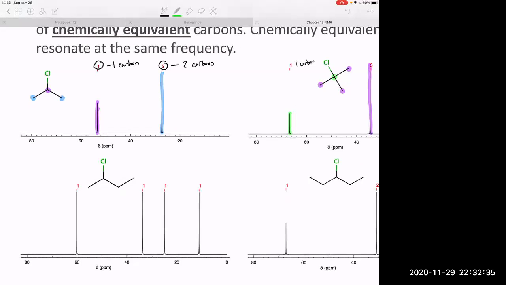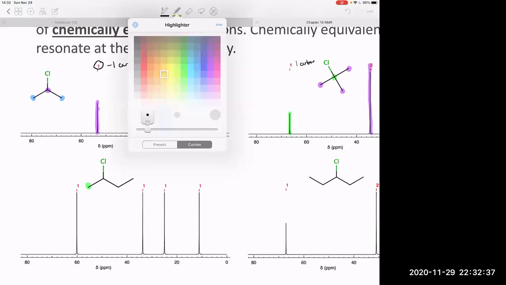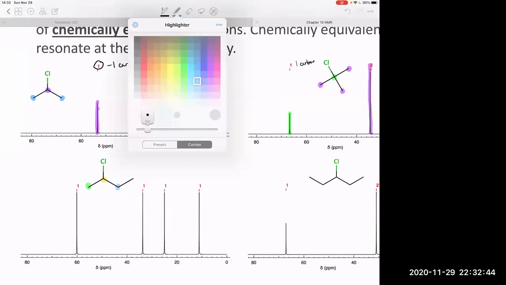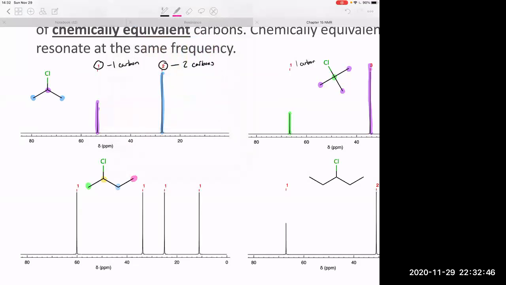In this particular example, all 4 of these carbons were chemically distinct. That's why I got 4 different signals. That means that each signal is only going to correspond to 1 carbon. So that's why the area under each of those curves is the same.